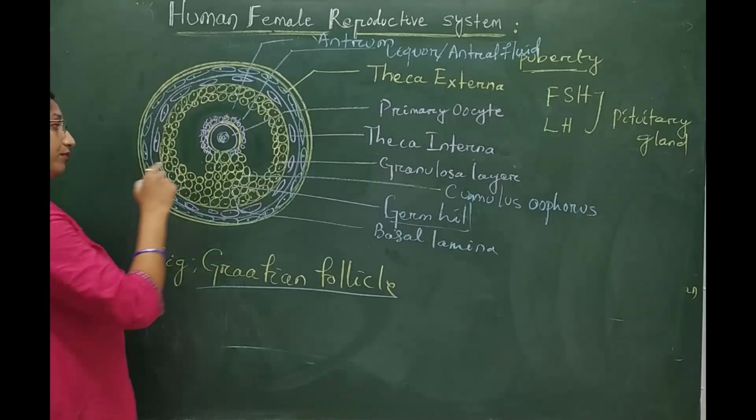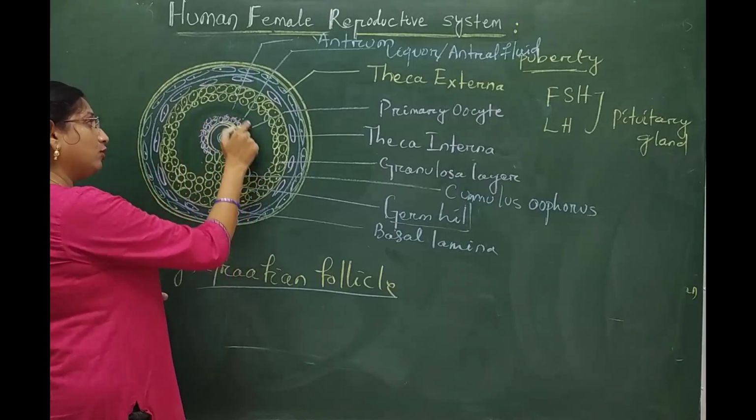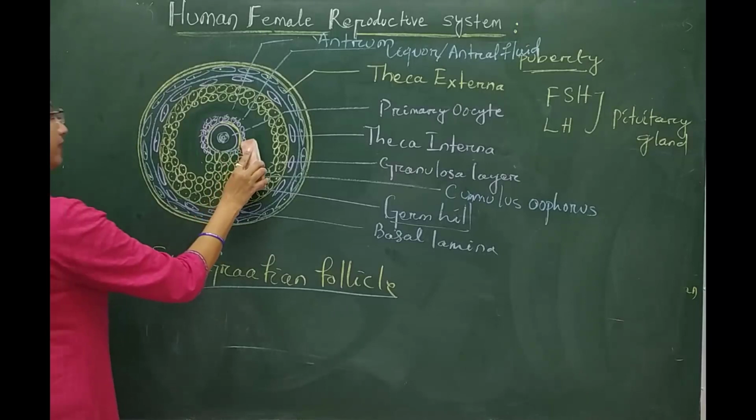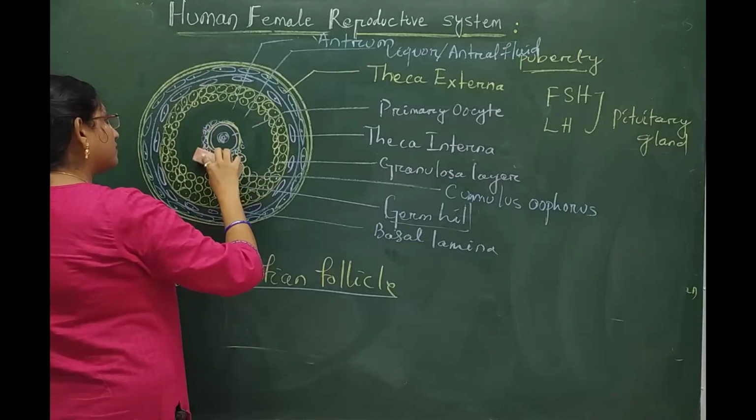If we are talking about this primary oocyte over here, the primary oocyte has several layers.